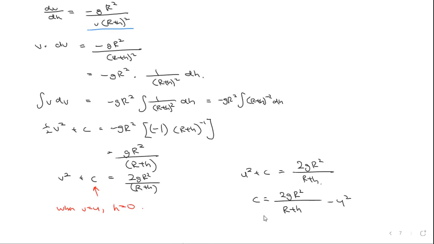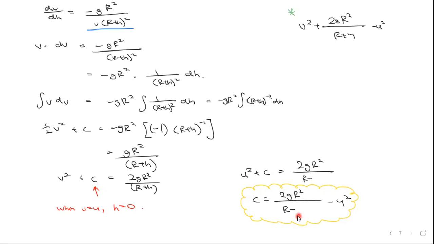And given that's my c, I now have an expression to put in here, and I'll write that all the way on over here on the right hand side. That means my v squared plus my c, which is 2gr squared over r plus h minus u squared equals 2g. Oh, actually, I forgot to substitute that h, so we should fix that error first.